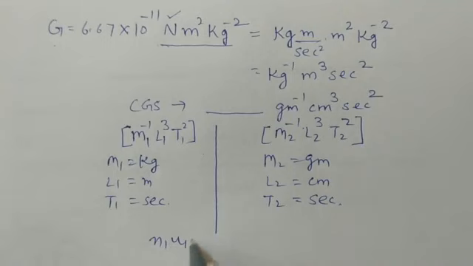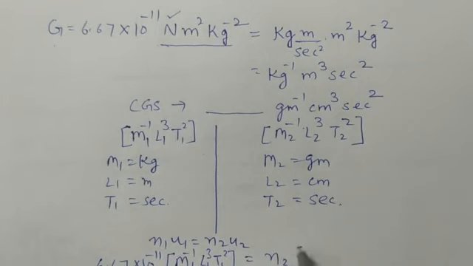Same formula, N1U1 is equal to N2U2. Here N1 will be 6.67 into 10 to the power minus 11. And here M1 minus 1 L1 cube T1 square equals to N2 we have to calculate. This is M2 minus 1 L2 cube and T2 square.